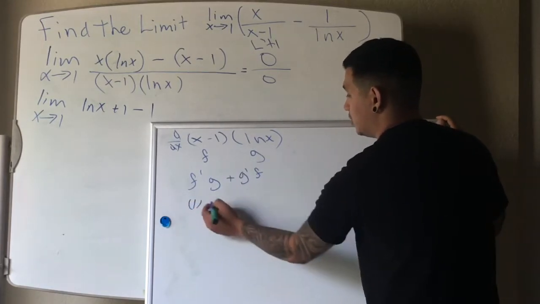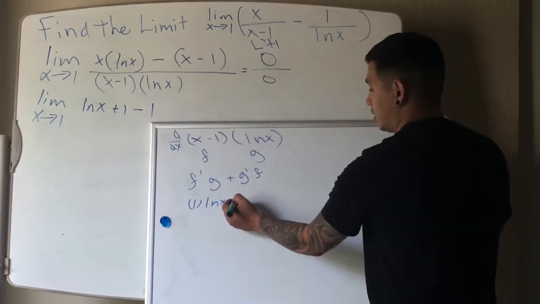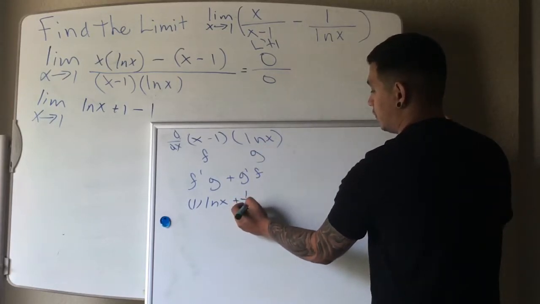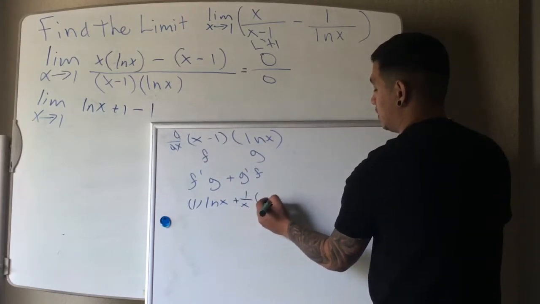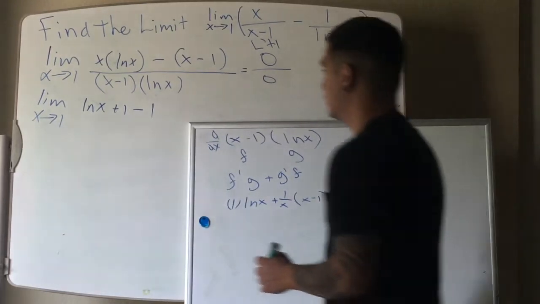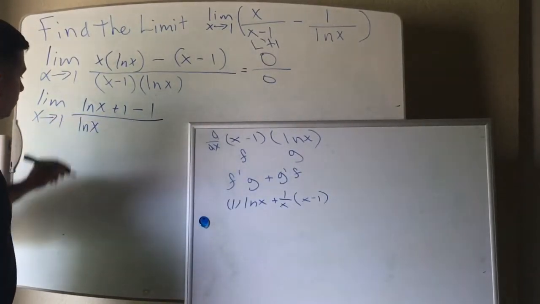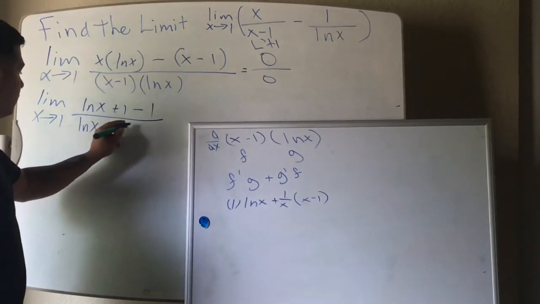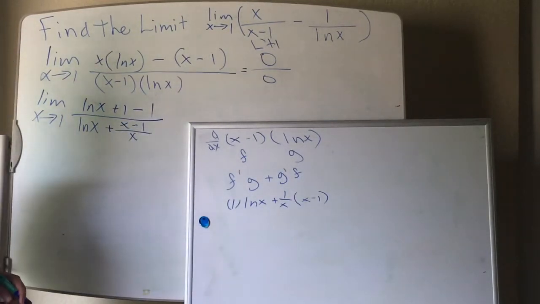We're going to leave g, ln x, okay? And then we're going to add the derivative of g, which is 1 over x, and we're going to leave f. F is x minus 1. So we can write that down. Now, this is ln x plus x minus 1 over x. Perfect.